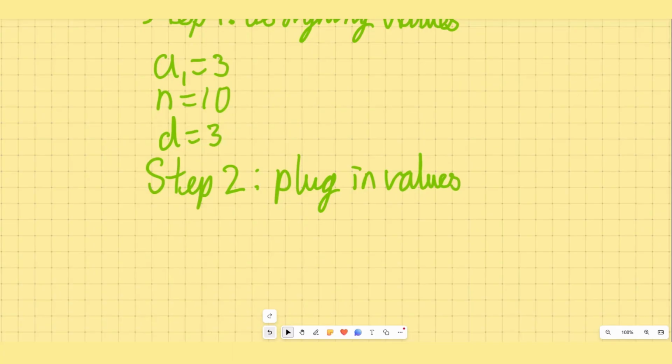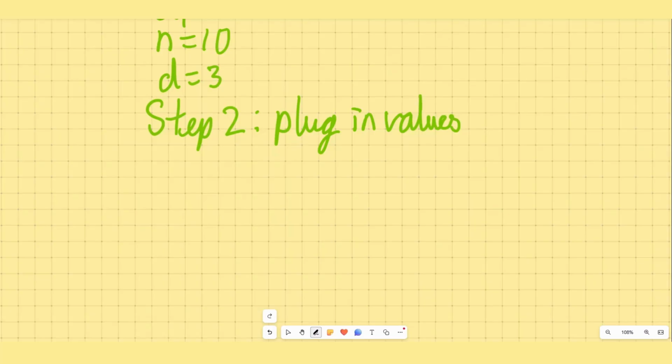So what would be your first term on the right side of the equation? It'd be a sub 1, which is 3. So a sub n is equal to 3 plus n, which is 10, minus 1 times 3.